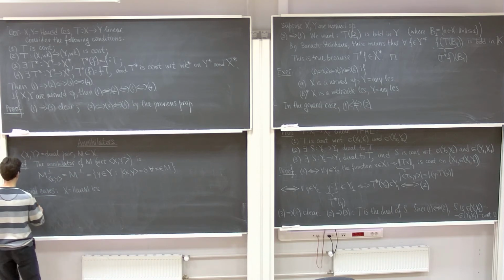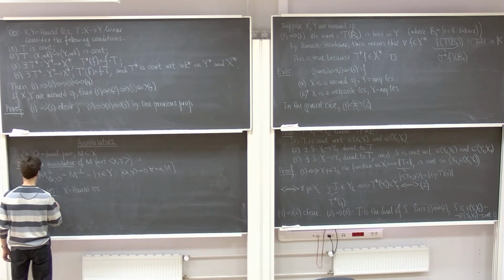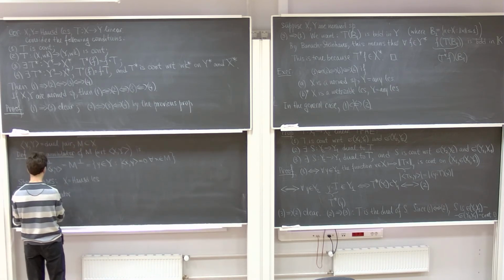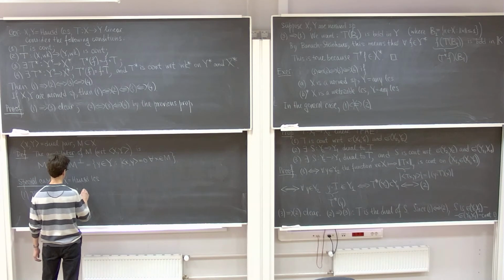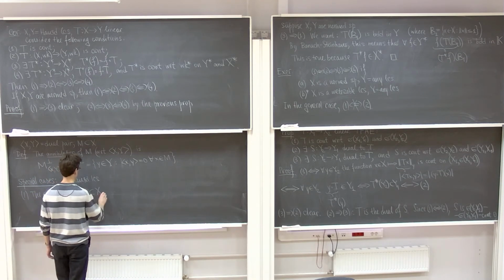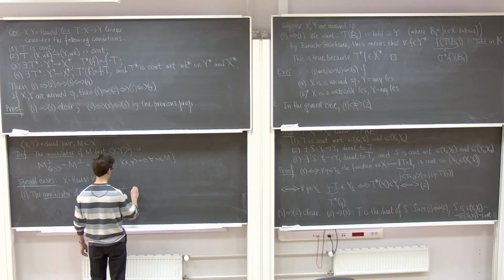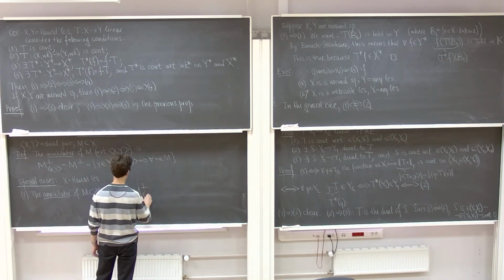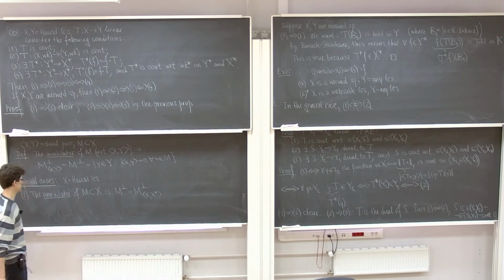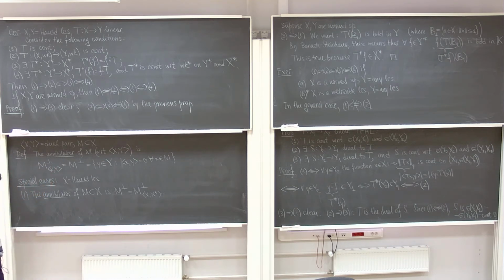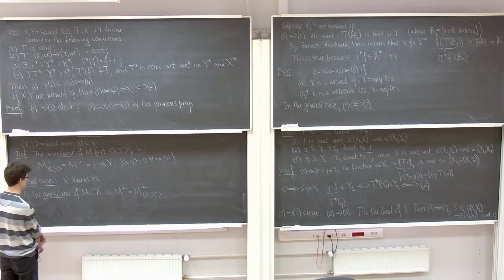So we define the annihilator of a subset in X to be the annihilator of a set with respect to the standard pairing between X and X star. So this is the collection of all continuous linear functionals on X that annihilate M.